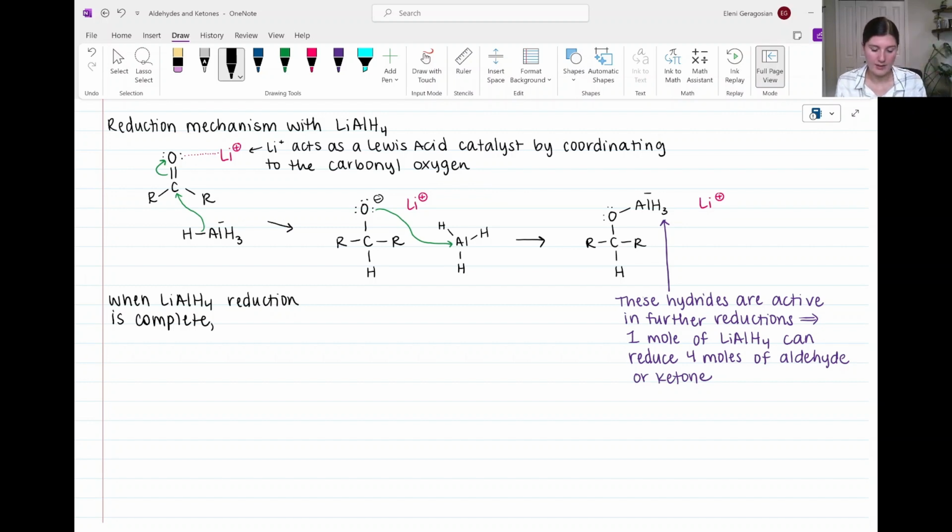So we have an aluminum alkoxide compound, and that is separated into what our final product would be in a separate step.